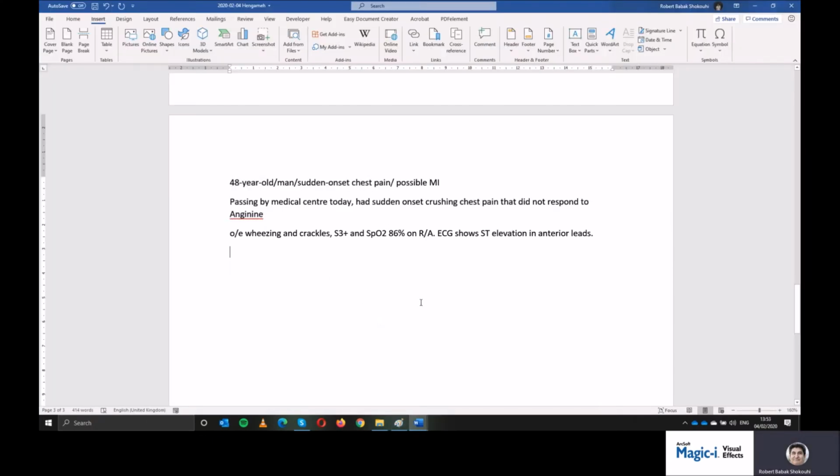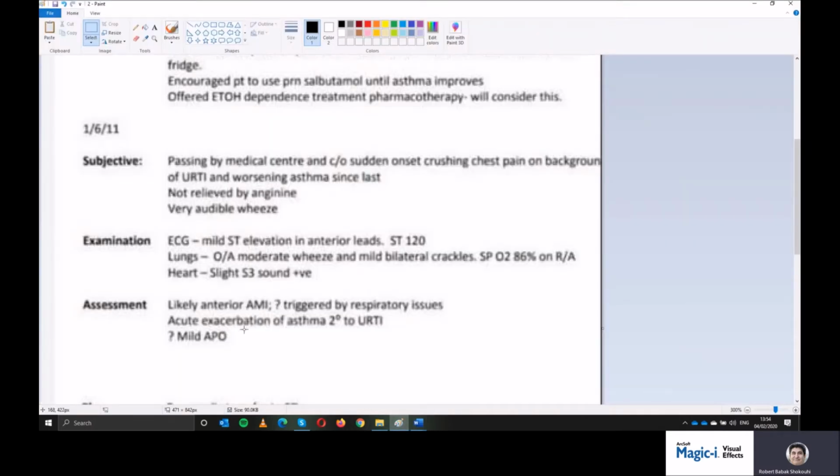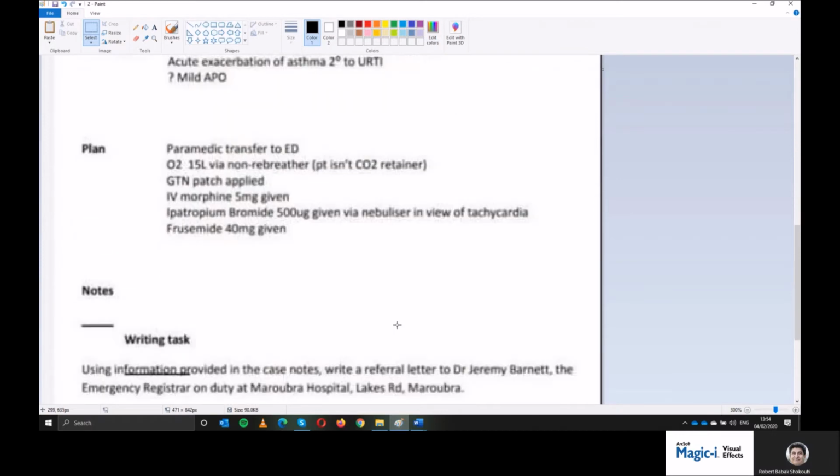So with the impression of anterior MI, what did we do? O2 via non-repressor, nitroglycerin, morphine, ipratropium, and furosemide.